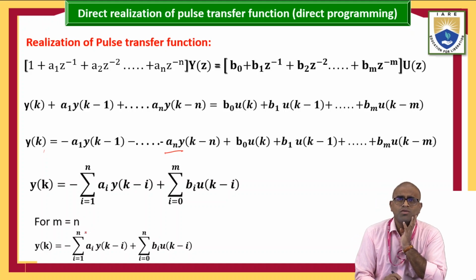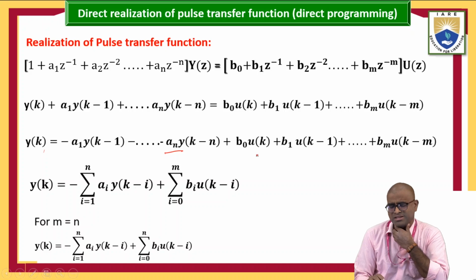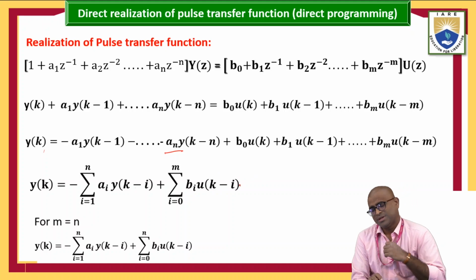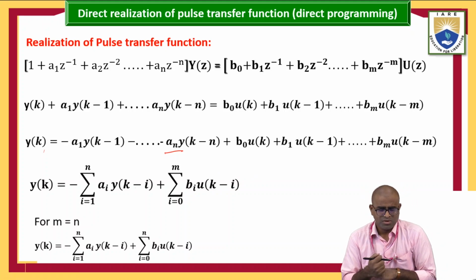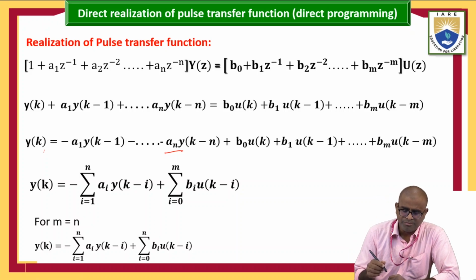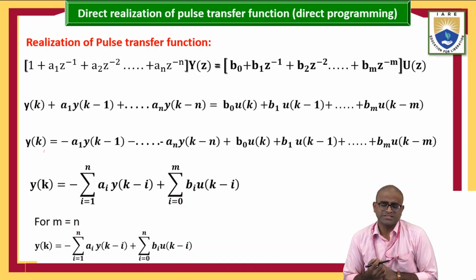Similarly, for the input side, we apply the summation function, sigma i equal to 0 to m of Bi U of k minus i, where i equals 0 to m. This is your output in terms of the input terms of the pulse transfer function.